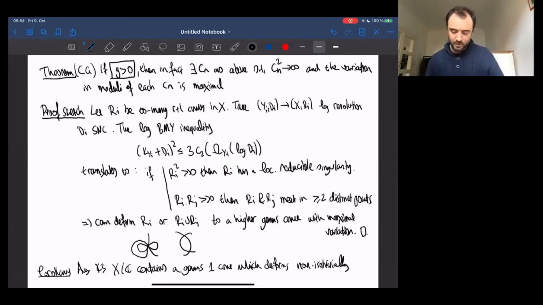Of course, the theorem tells you that there are infinitely many of these, but I'm going to try to convince you that even the existence of one of them has very interesting applications to the geometry of K3 surfaces. If you've seen this before, it's not difficult to show that every K3 contains a genus 1 curve, but you have no control over whether it deforms isotrivially or not. So this is really the new thing, which is completely not clear from the old proof of existence of one genus 1 curve.